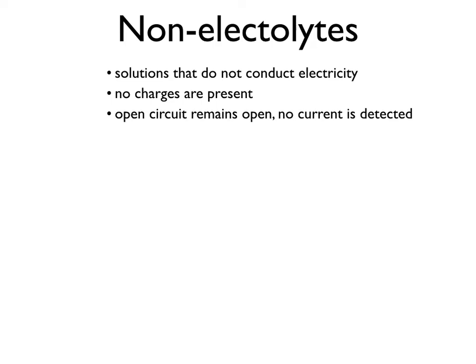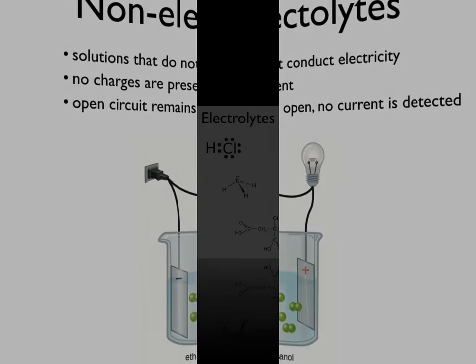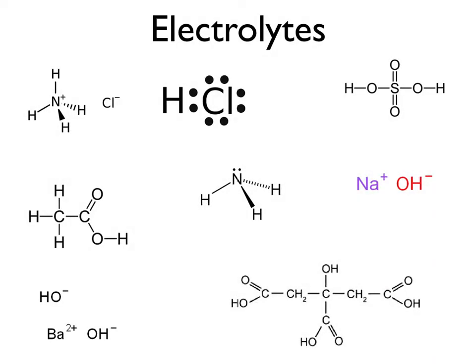The circuit will remain open and no current would have been detected and you would have gotten no reading on your LabQuest. Here you can see one of the ones I had tested in class, ethanol. Ethanol is a covalent compound. It does not break into charges, so there's nothing to be attracted to the electrodes, and you can see the light bulb stays out.